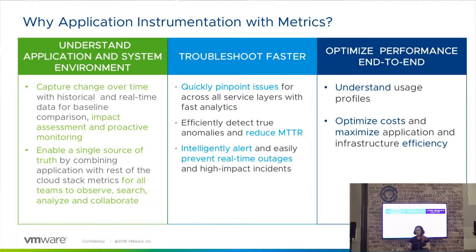Now, when you have that information on anomalies that can happen in your system, you can use it as best practice and create alerts connected to PagerDuty and Slack, so that you can solve your issue before it becomes an issue for your customer. Optimizing performance end-to-end, you can understand what's going on, and that information can help you maximize your application and the cost that comes with that.